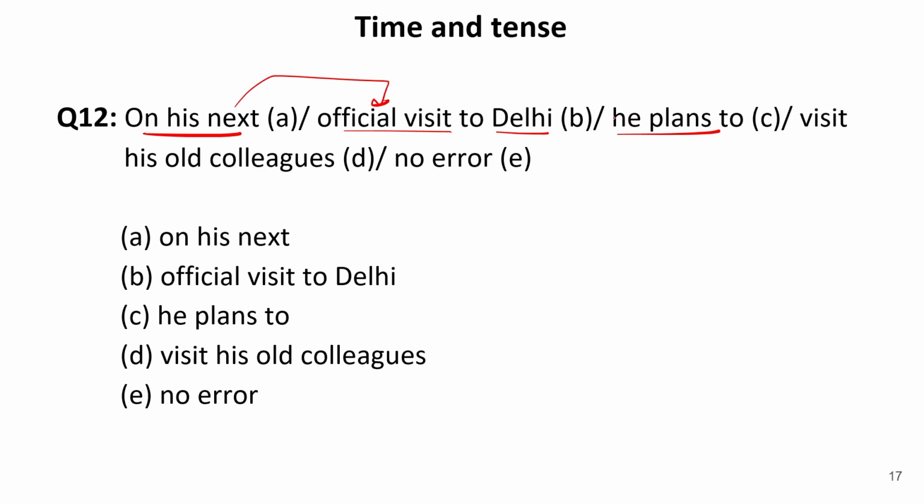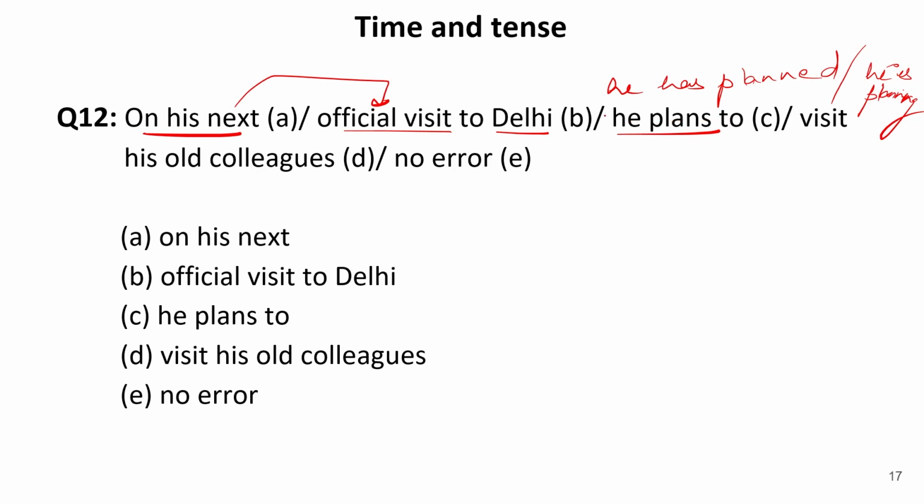In fact, it should be replaced with "he has planned", or we can also use "he is planning". So we can use either of the two phrases. That is, on his next official visit to Delhi, he has planned to visit his old colleagues, or on his next official visit to Delhi, he is planning to visit his old colleagues.